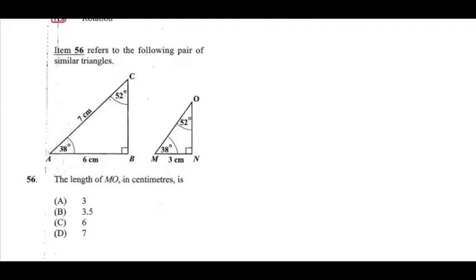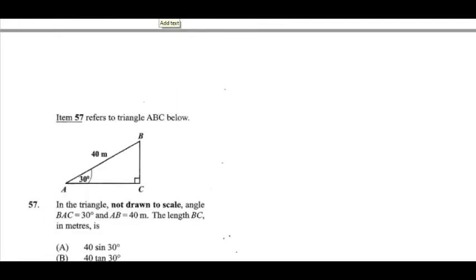As you can see, it's just a reduction of the first triangle, and therefore our answer 56 is B. You can see that it maintains the same degrees in angle, which is 52 and 38 degrees, and it's just that MN is half of AB, which was 6 centimeters. So MN is 3 centimeters, which means that our MO, which would be half of AC, is 3.5 centimeters. And we are moving nicely along.